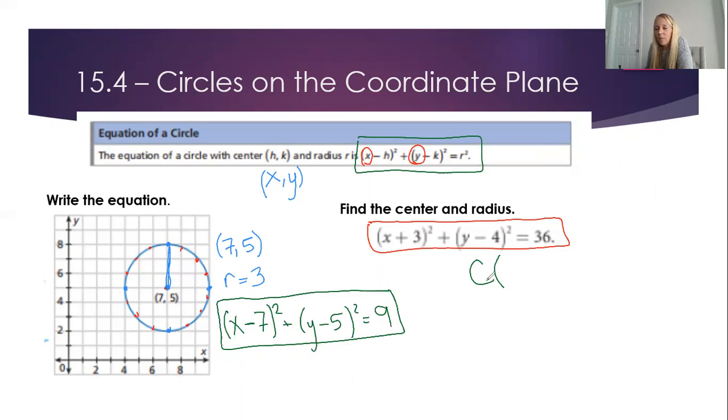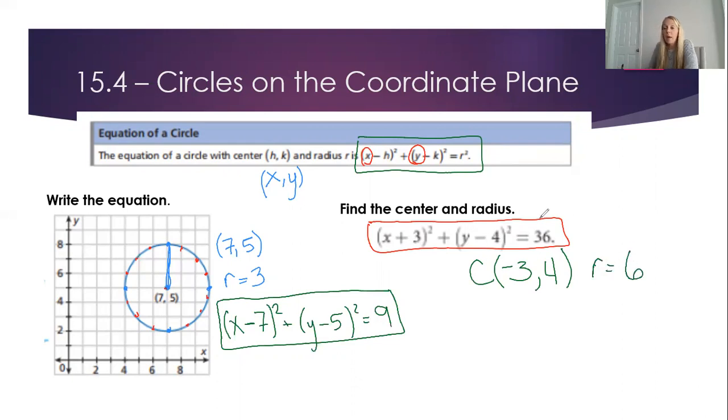So we always do the opposite. So the x value of the center is -3. The y value is 4. Okay, and what's the radius? We have this r squared. Now, how do we know it's r squared? Because that's the standard form of the equation of a circle. So the square root of 36 tells us our radius is 6.